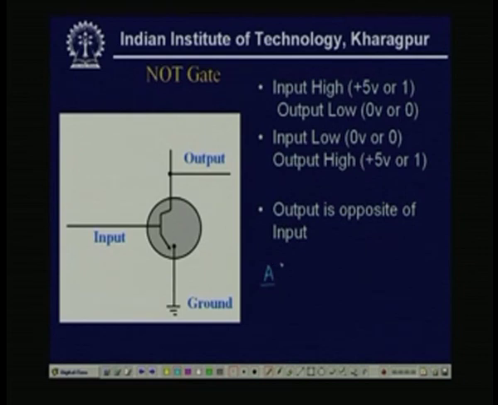Then the output, with notation O, is 0. So, if it is 1, meaning 5 volt, I get output 0. This is my input, this is my output. Now the reverse: if A is 0, then the output becomes 1, that means the output is opposite. We call this the NOT gate.